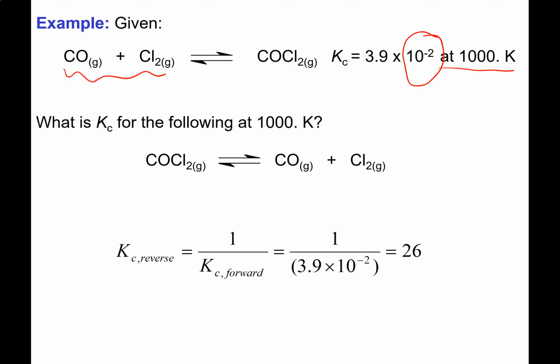So what about the reverse reaction? Well, here it is written out, the reverse reaction, and I know that K for the reverse reaction is simply 1 on K for the forward reaction. So it's just going to be 1 on 3.9 by 10 to the minus 2, and this time I get a much bigger number. And so when I think about this, what is it telling me?